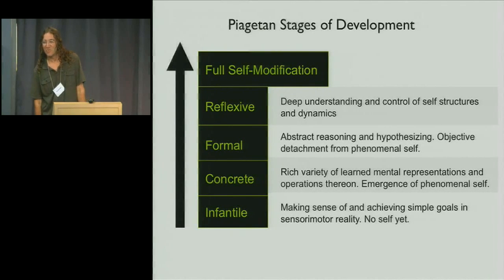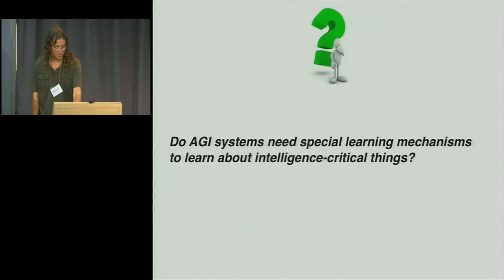But when you do get to that level, you have a system where it's able to do a lot of learning about the more intelligence-critical aspects of its function.